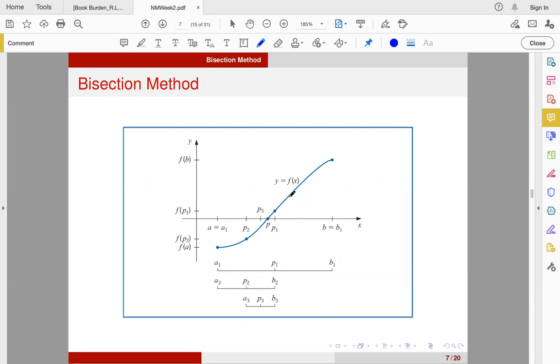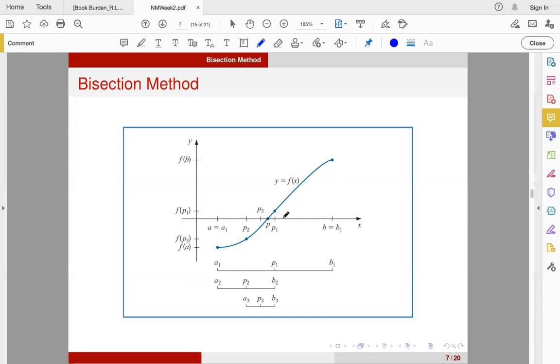And then you check again what is the sign of FP1. Is FP1 positive or negative? Which endpoint has the same sign as FP1? Then you remove that point, and this P1 could become A2 or B2.